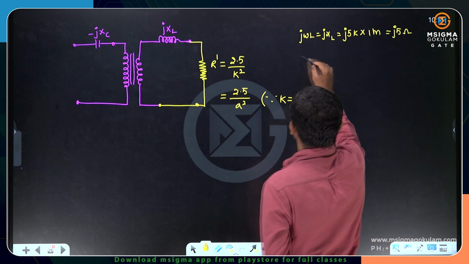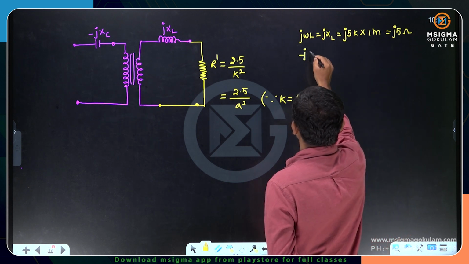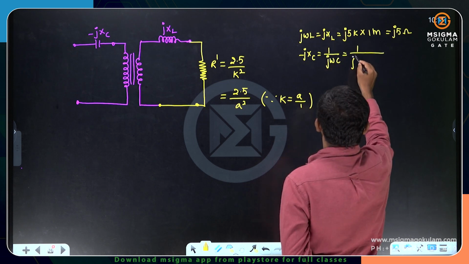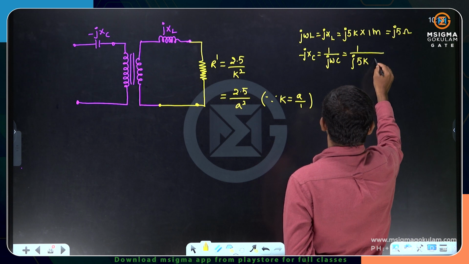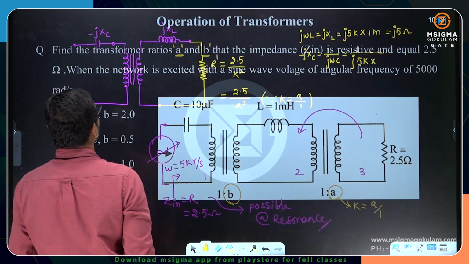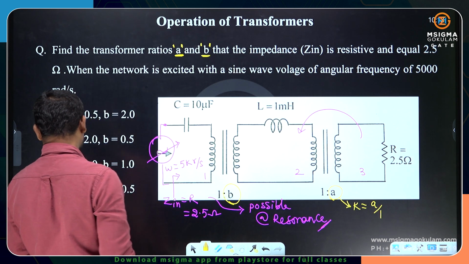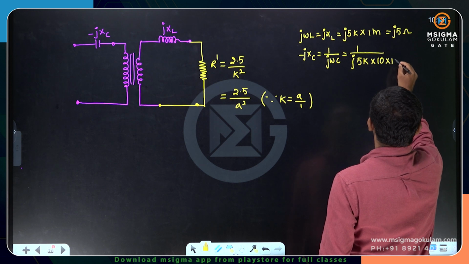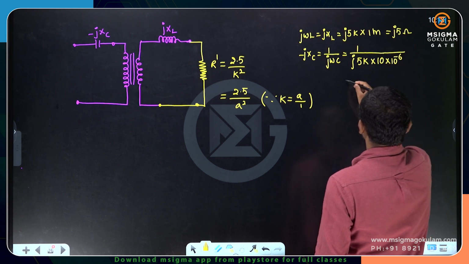What is jXC? Minus jXC is equal to 1 by j omega C. Omega is 5 kiloradians. Capacitor, how much has he given? 10 microfarads. So let me write the capacitor as 10 microfarads.